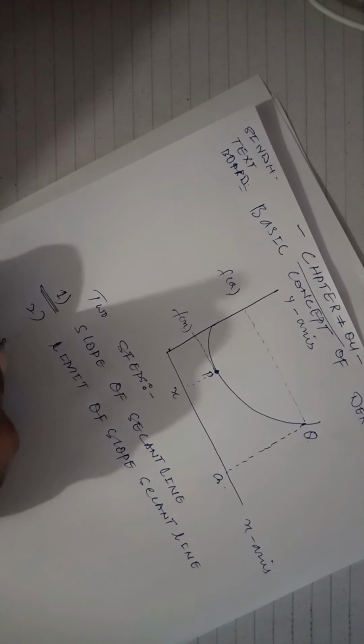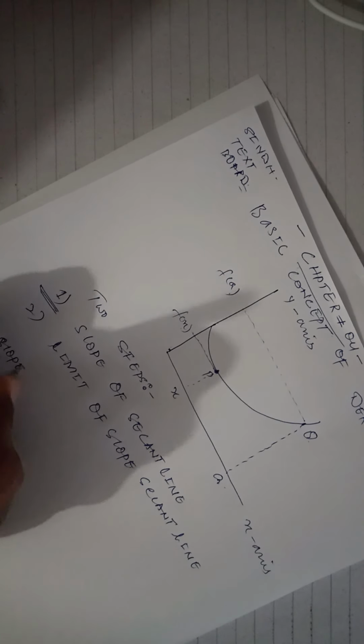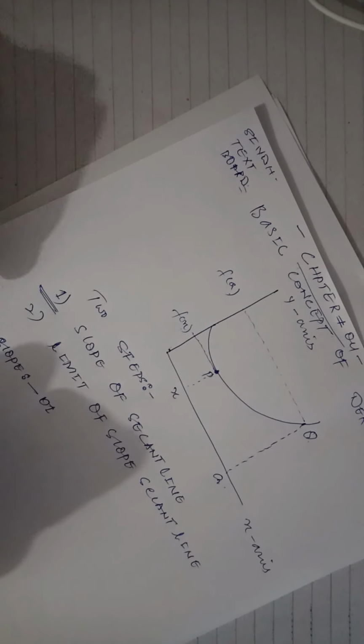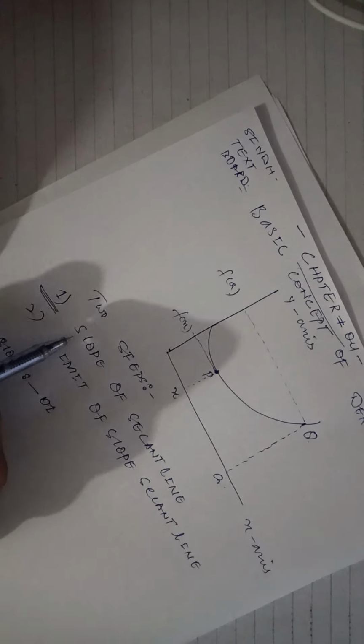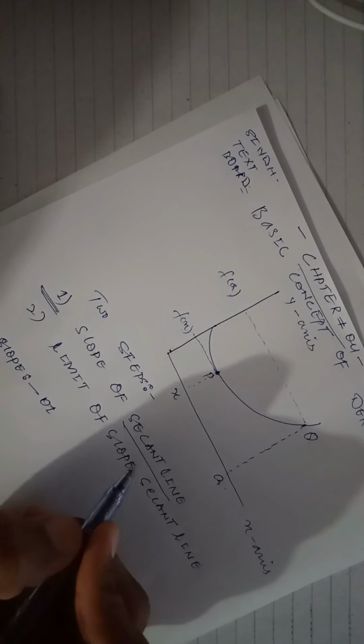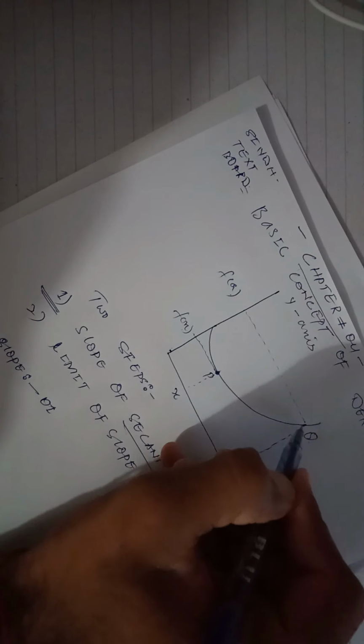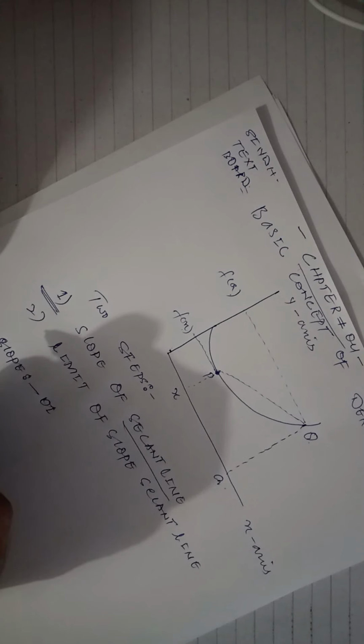Step one: we are going to find the slope of the secant line. What is a secant line? A secant line covers the distance from point P to point Q, the line through two points on the curve.